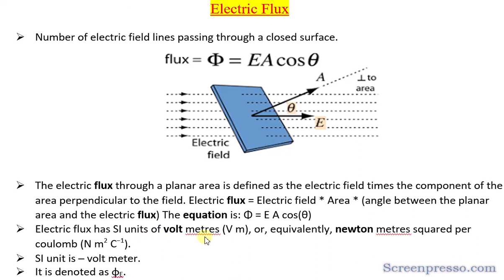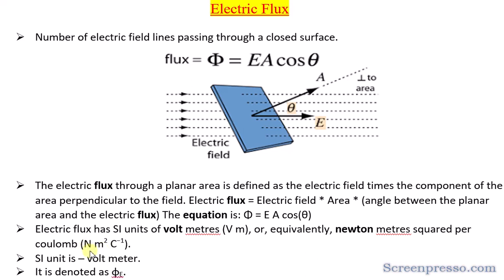Now we have the magnitude of the flux, so with what unit do we measure electric flux? Electric flux has the unit of volt meter, or equivalently, as we know in physics we have some equivalent units, Newton meter square per coulomb.